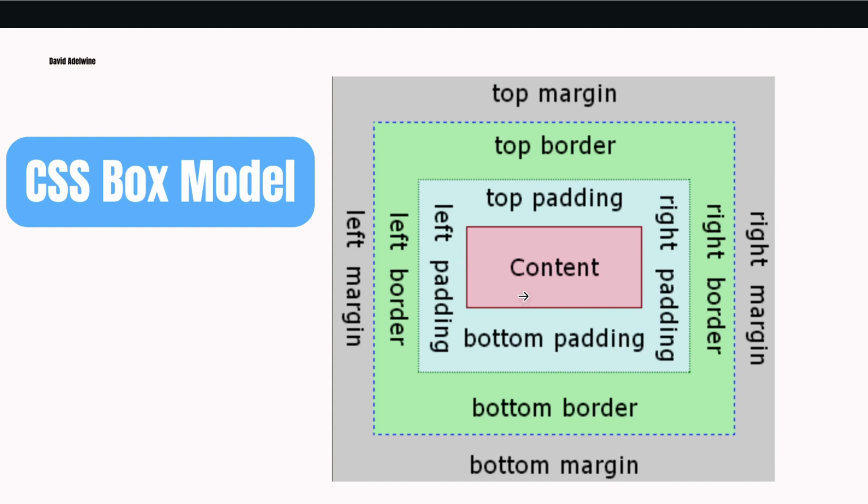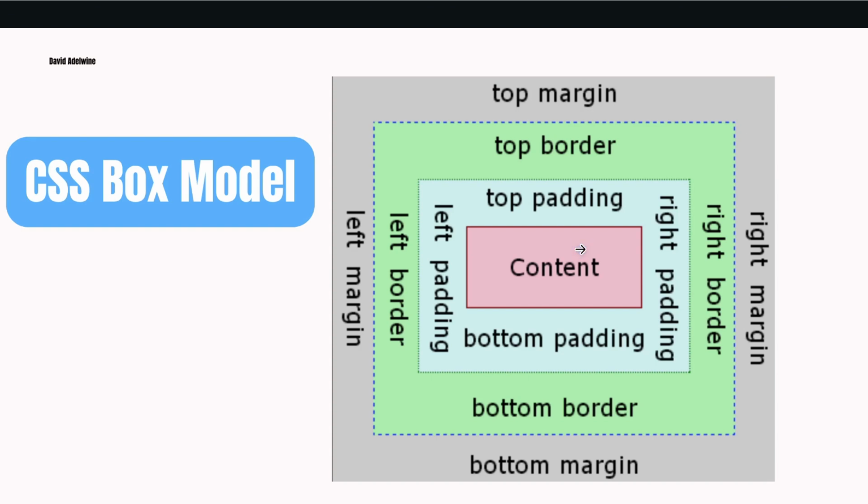The property used here is the border property. You can have your border width, your border color, and even the border radius. So the squared corners, you can define them to be rounded. If you want to achieve a circle, you can use the border radius to get that as well.